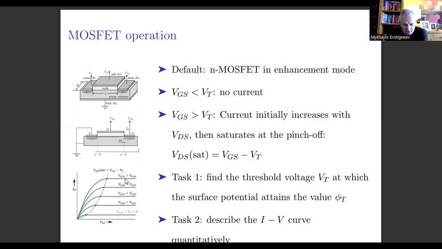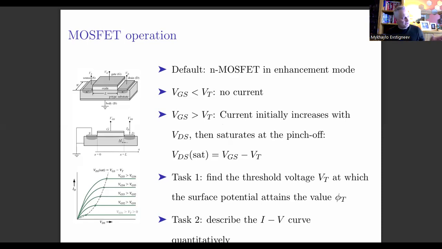Okay, so the current saturates, right? And the higher the gate voltage, the later this saturation happens, and also the higher the value of the current in the saturation regime. Now we can understand this picture qualitatively, and it is this.